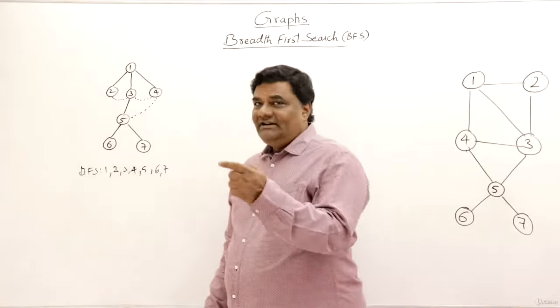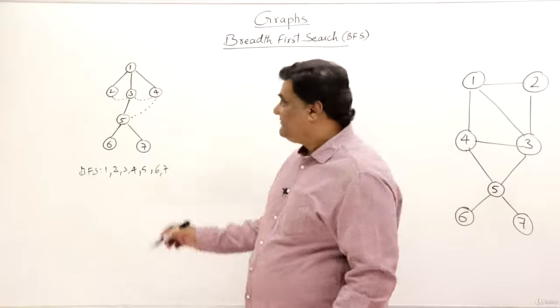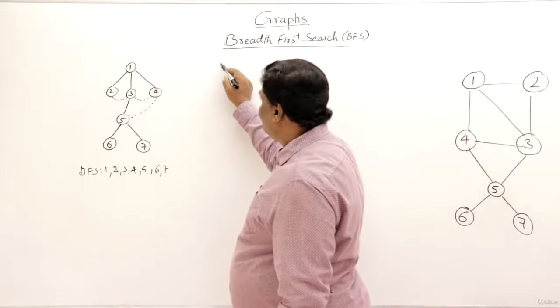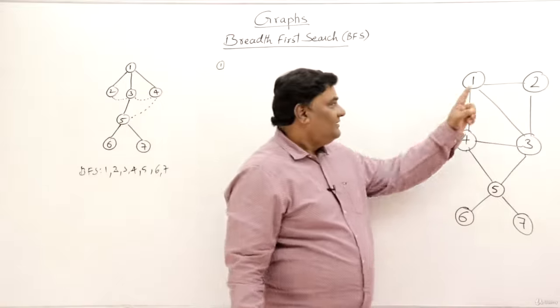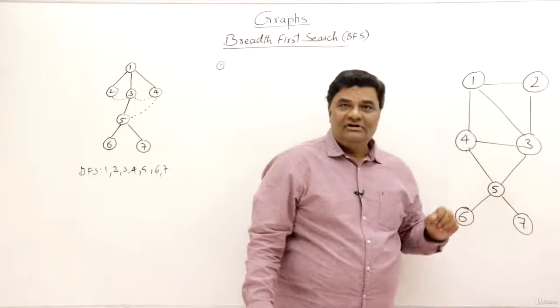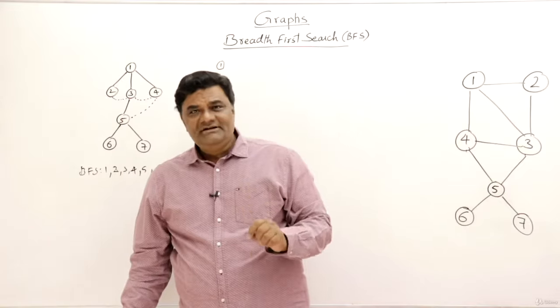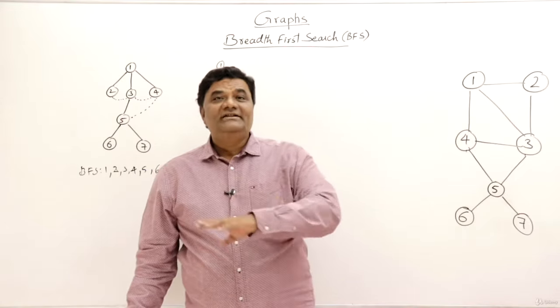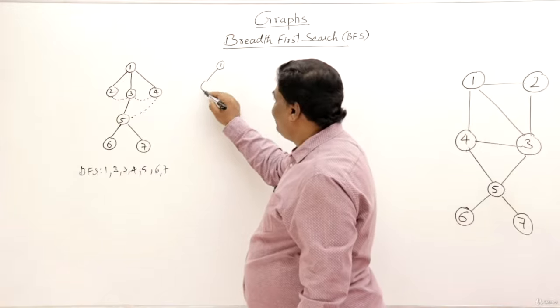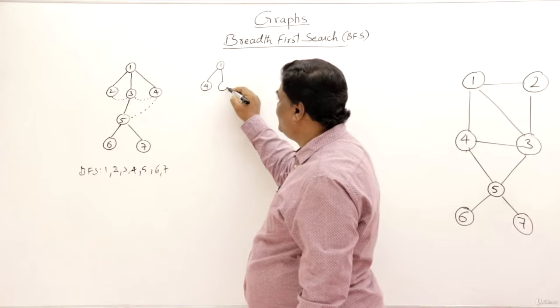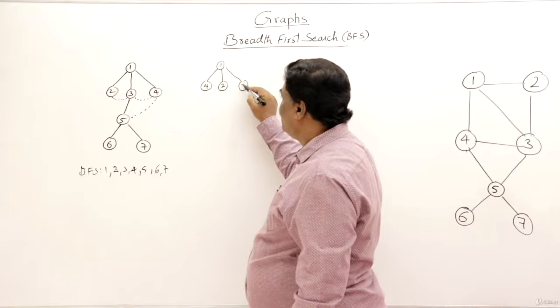Let us see. I will again draw a tree for this one. I'll again start from vertex 1. Adjacent to 1 are 2, 3 and 4. Do I have to take them in the same order? No, you can take them in any order. So I will change the order now. First I will take 4, then 2, then 3.